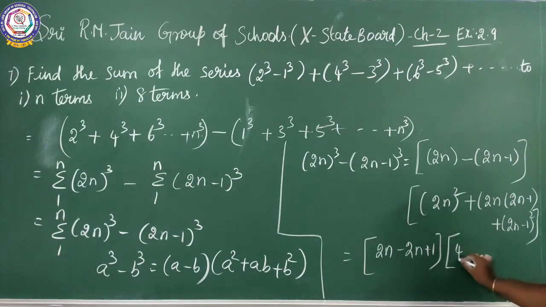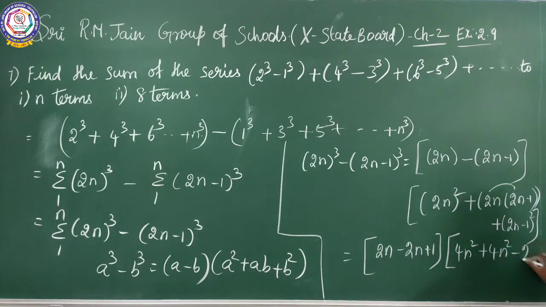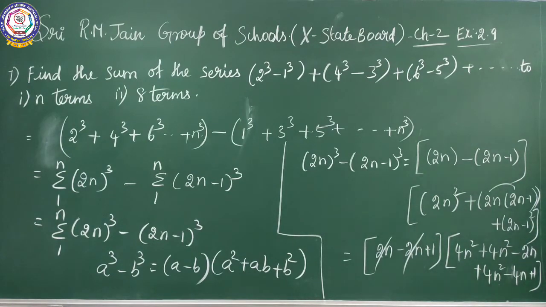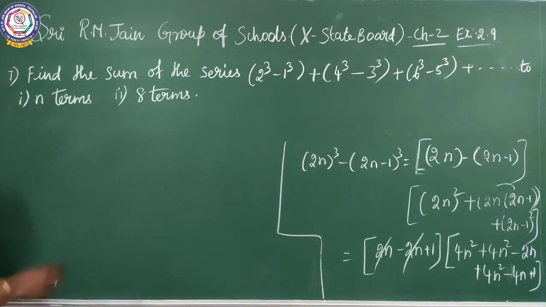Here 4n square, 2n the whole square is 4n square, plus 4n square minus 2n, plus a minus b the whole square formula, 4n square minus 4n plus 1. a square minus 2ab plus b square. Plus 2n minus 2n gets cancelled. Therefore 1.